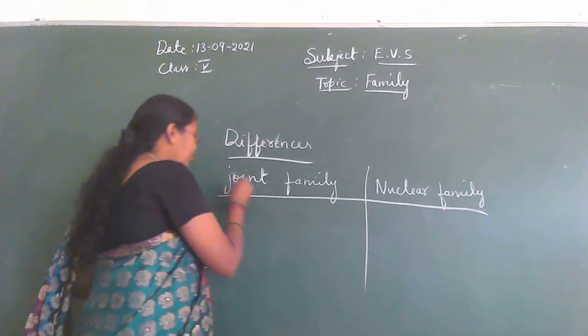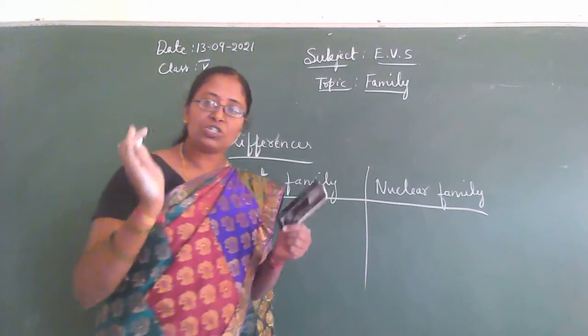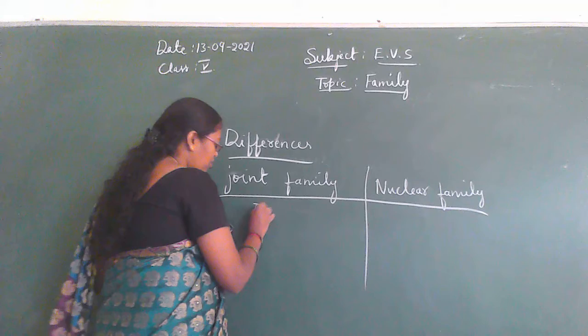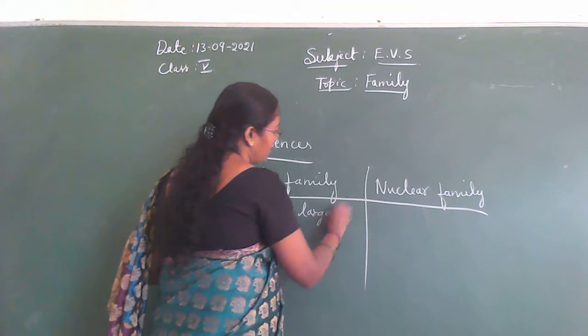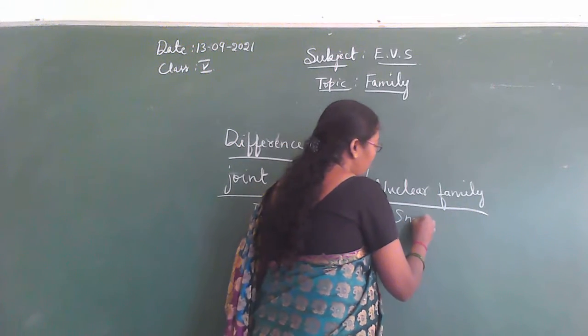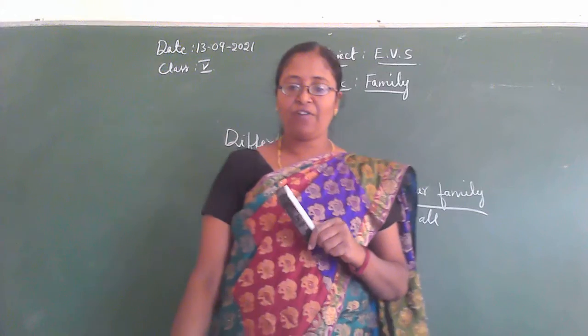Already you know that joint means it is a large or big family. Nuclear means it is a small family. Joint family is a big or larger family. Nuclear family is a small family.